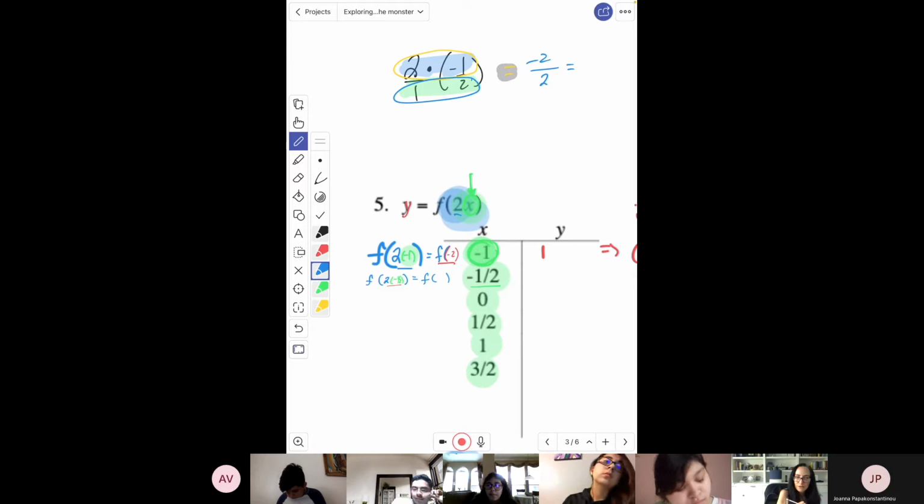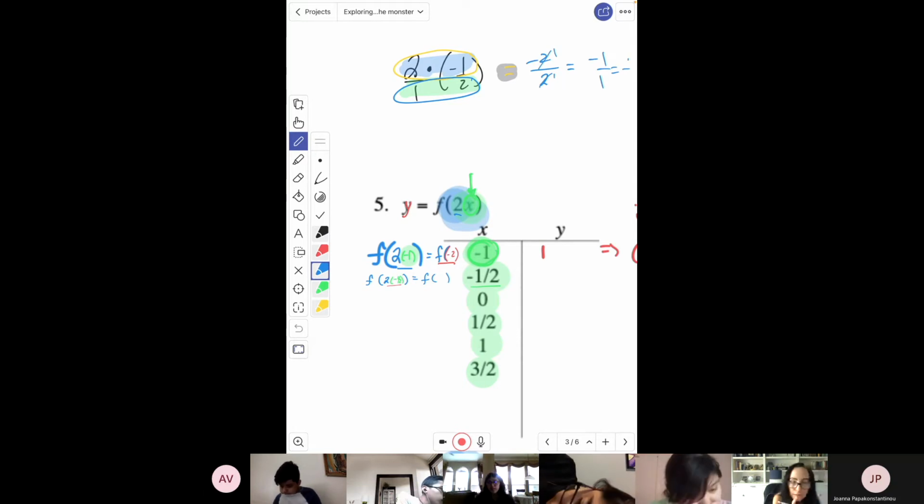2 goes into 2 once, so that's negative 1 over 1, which is just negative 1, right? Do you see how that's negative 1?